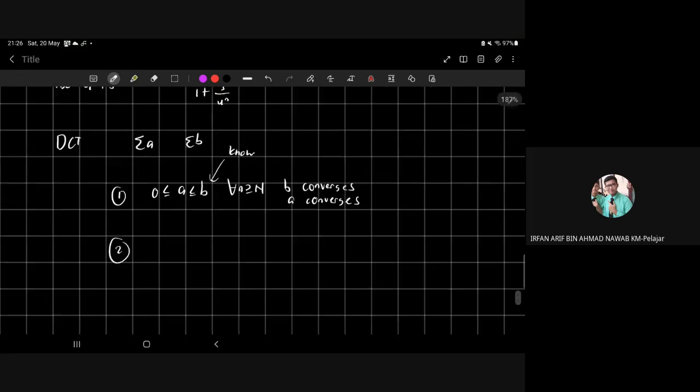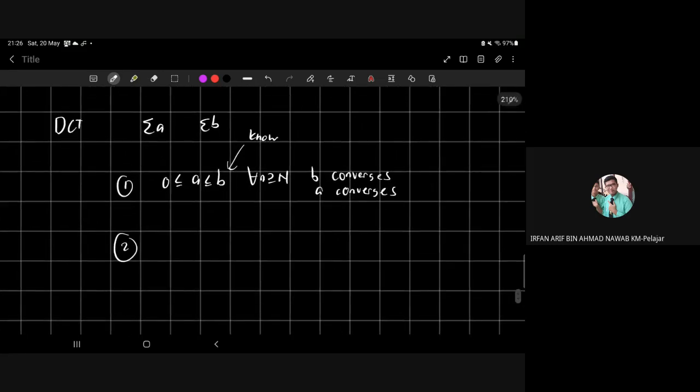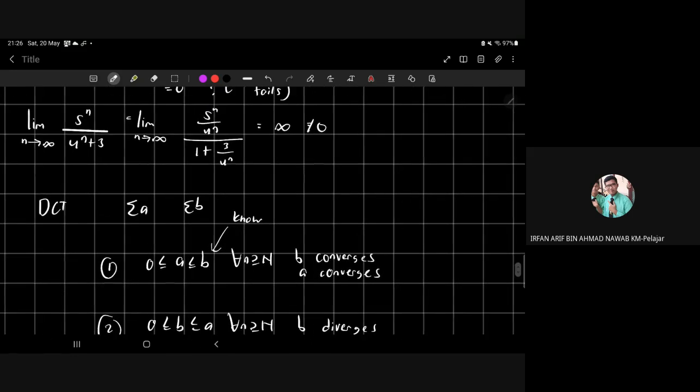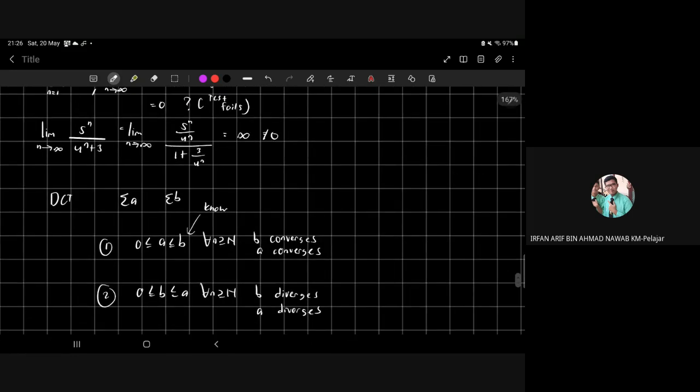The B is the known series that we know initially to compare with. Same goes for this inequality: for all n larger or equal to N, B has to diverge. If B diverges, then A also diverges. But it's possible this test fails as well, so you could use the limit comparison test and see where that goes from there.